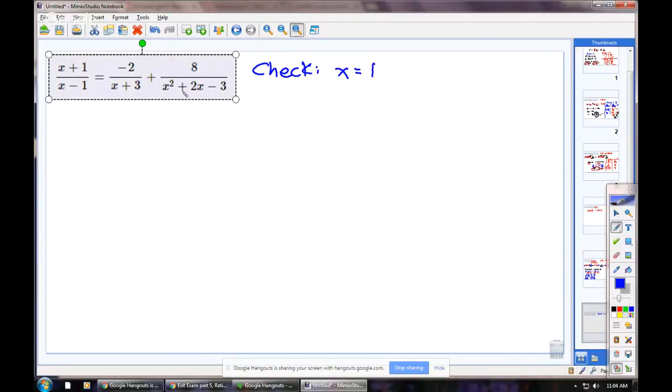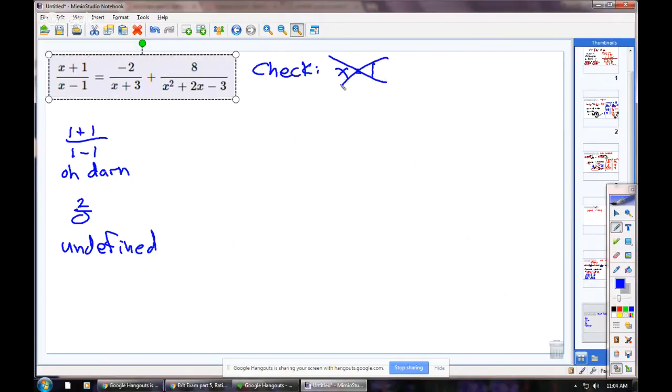Plugging that in everywhere I see an x, I would get 1 plus 1 over 1 minus 1. Oh, darn, look at that. I'm done checking this one. That is 2 over 0, which is undefined. X cannot be 1.